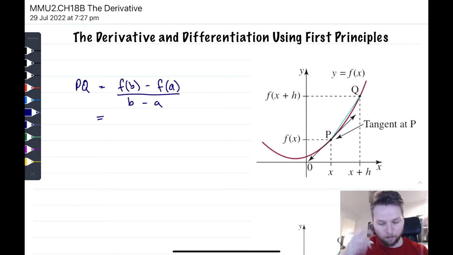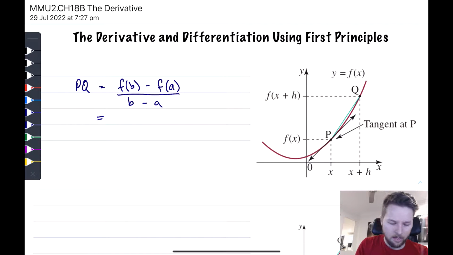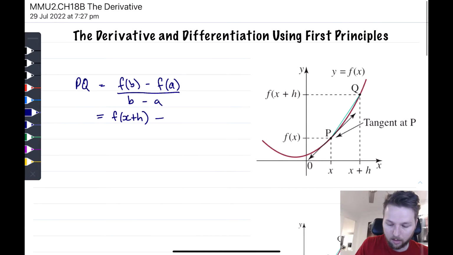Now, b is our second point, that's point Q, and our x value is x plus h, and our y value is our function value at the point x plus h. So f of b is f of x plus h, minus f of a, which is f of x, from our first point P, and that's divided by b minus a.